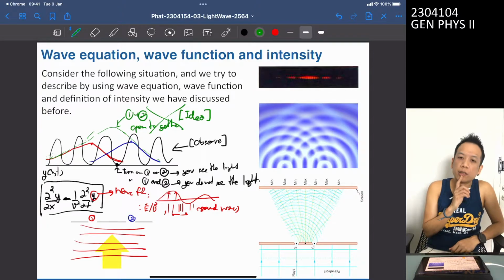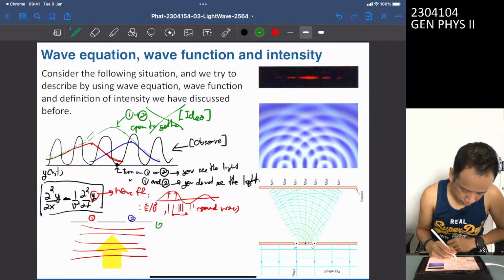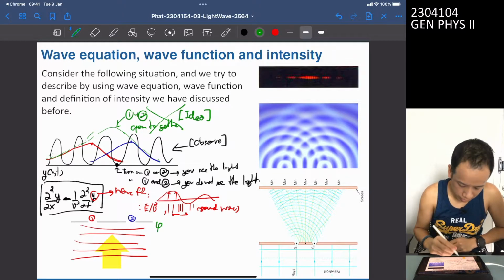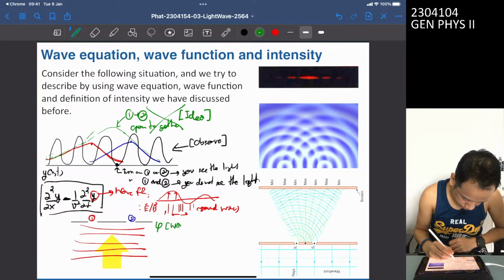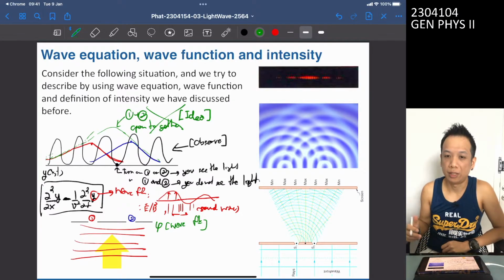I think maybe we can introduce it here; we're going to do it again in quantum mechanics. When we write the wave function, people usually write the symbol psi. So this is the wave function. You can write y if you prefer, but you can write psi, it's the same.